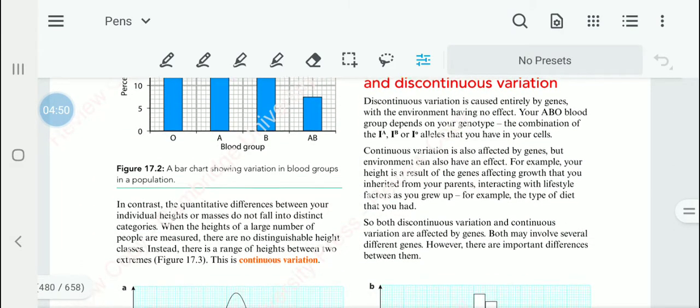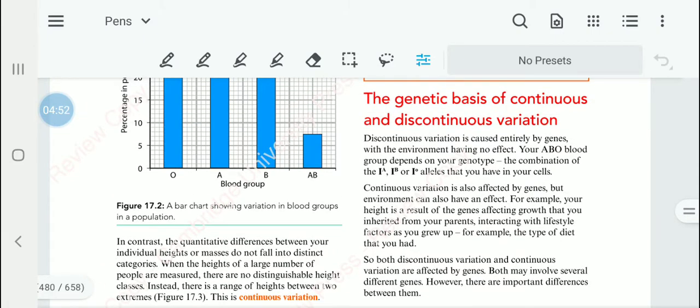Right. So now moving on to the genetic basis of continuous and discontinuous variation. Now we know that discontinuous variation is caused by genes, and also what we need to understand is it is not affected by the environment.